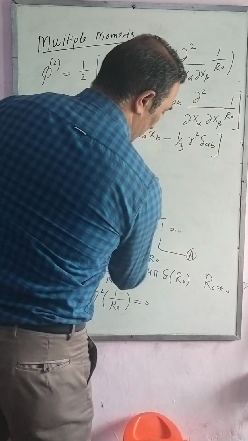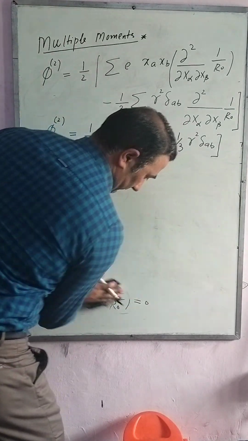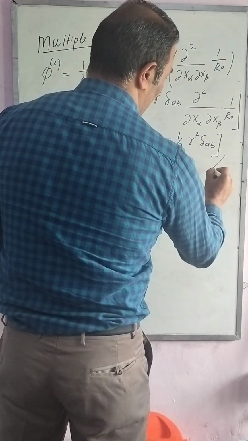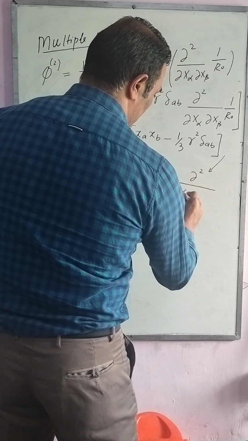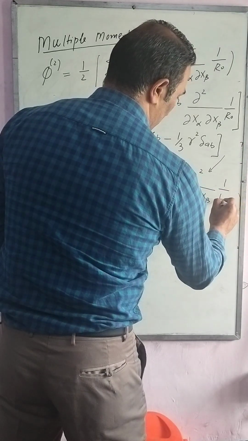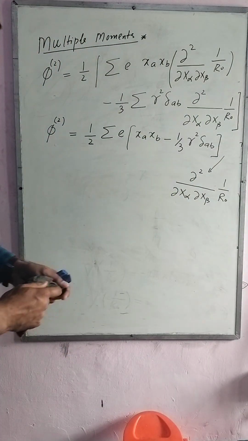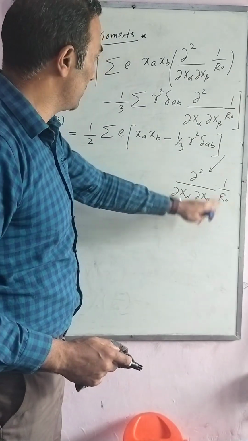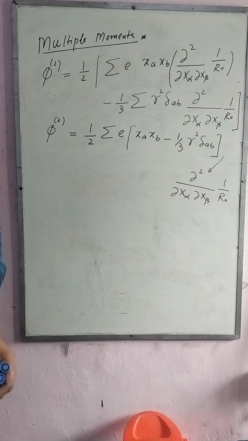So I can take this term common. So here I need to write partial 2 by partial x alpha partial x beta 1 by r naught. I simply take this partial 2 partial x alpha partial x beta 1 by r naught common. The rest is inside within the brackets, right? Summation of e, right?